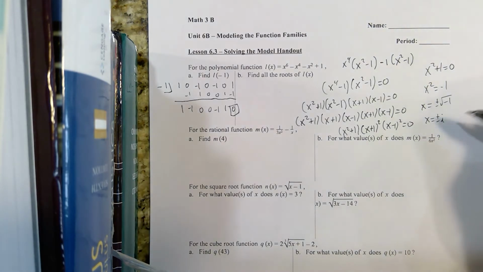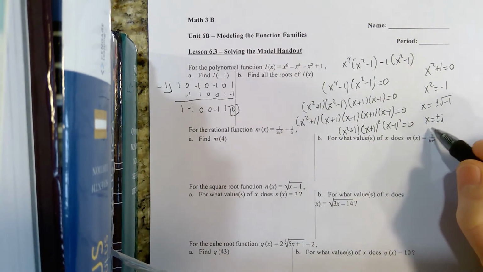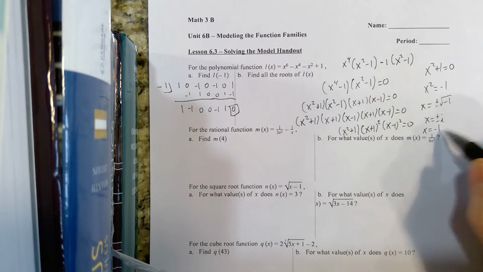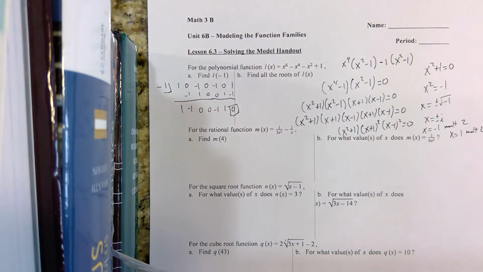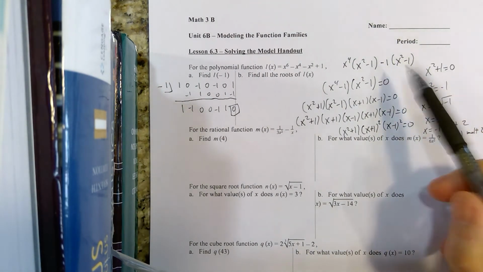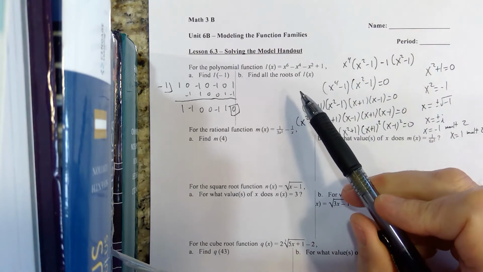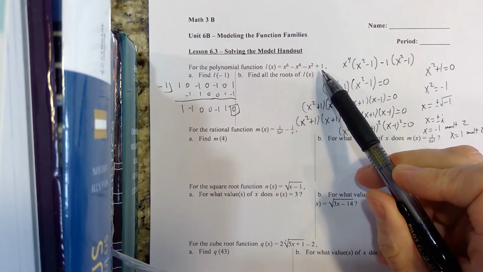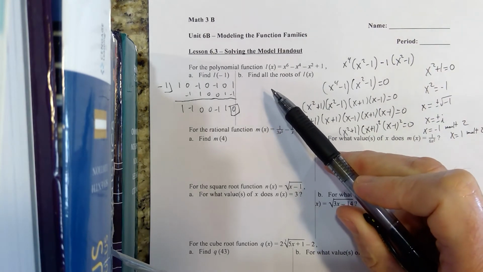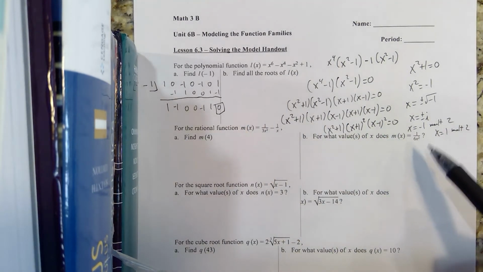Okay, so my roots are positive and negative i, -1 with the multiplicity of 2, and +1 with the multiplicity of 2. Again, if you forgot how to factor this, you could have just started going through your p's and q's, right? And you can see our only choices were positive and -1, and you could have started dividing out using synthetic division until eventually you got to the same spot.